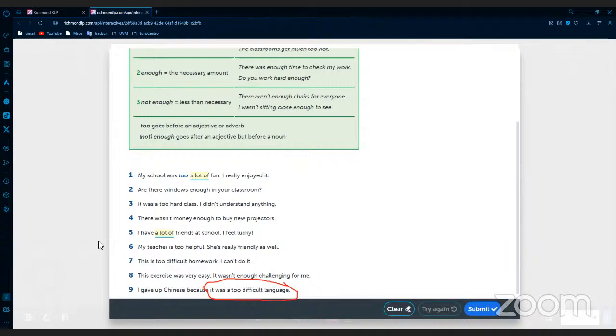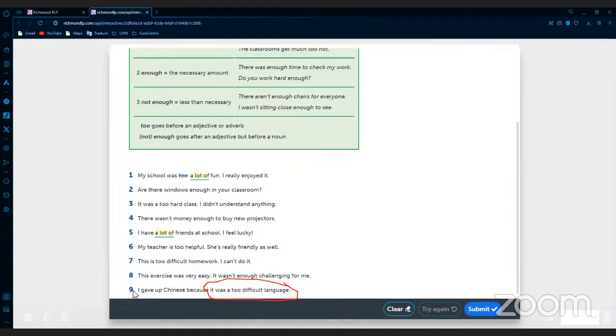Porque era demasiado difícil, le podemos cambiar. How could we change this one? Number 9. Can anyone help me?